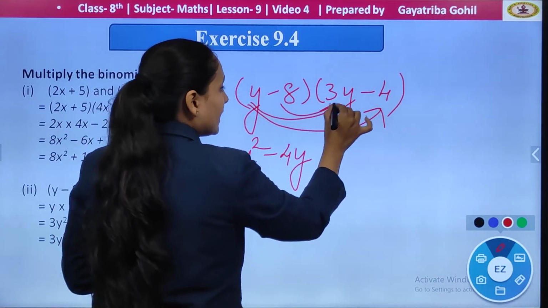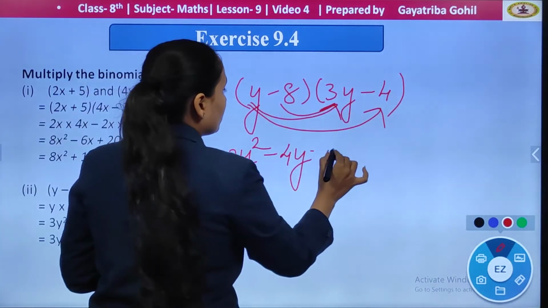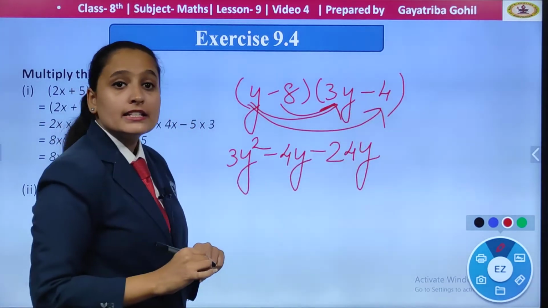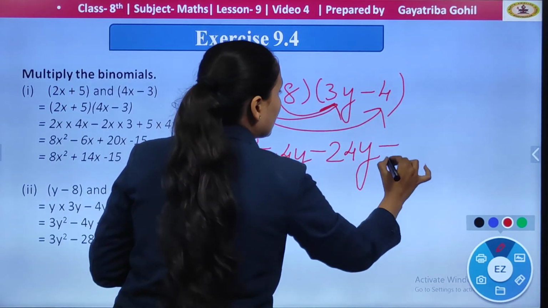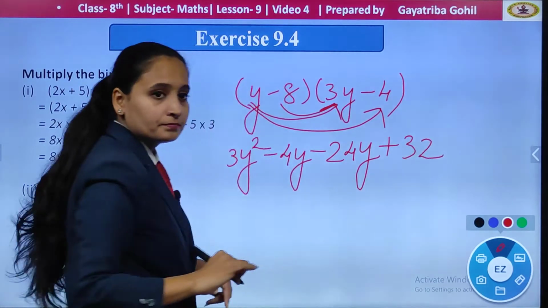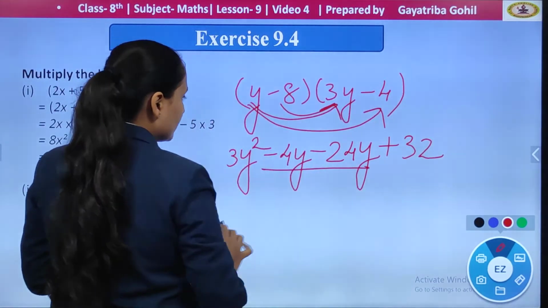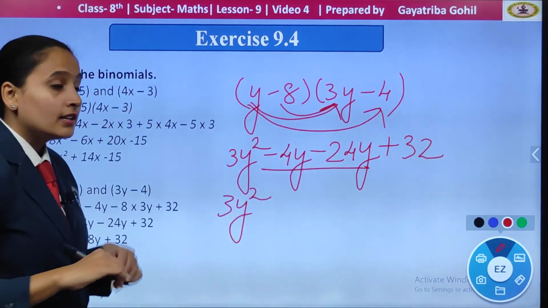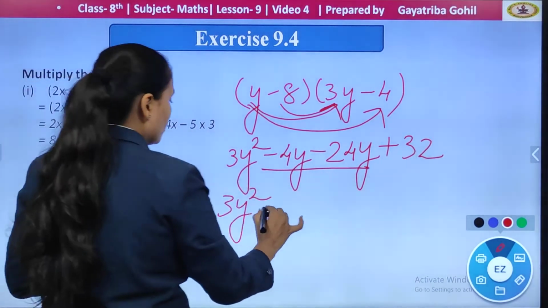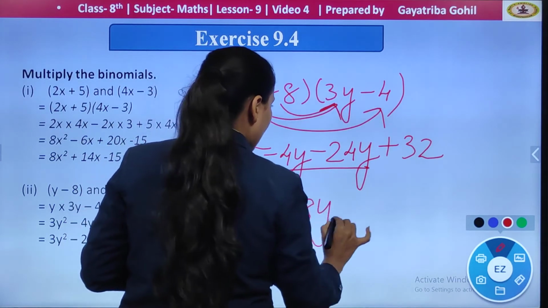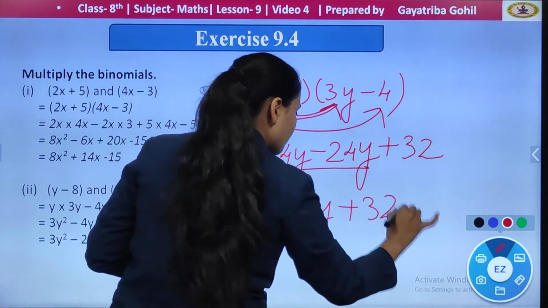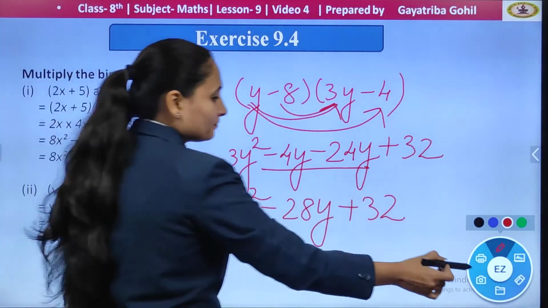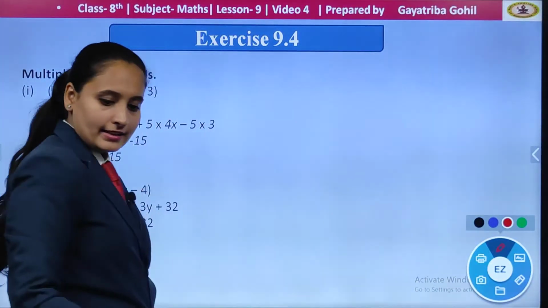Then minus 8 into 3y will give you minus 24y, minus 8 into minus 4 will give you plus 32, right. Then add the like terms. 3y square, minus 4 minus 24 will give you minus 28y, plus 32. So, this will be your answer, right.